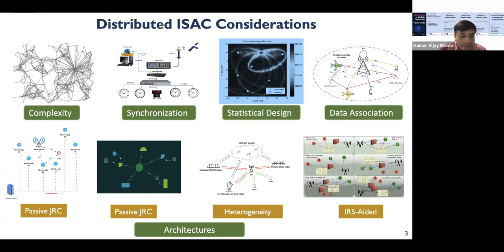This was supposed to be the fusion center here, so there's a typo. There may be distributed architectures where most of the processing takes place at a fusion center. For example, data association can only be carried out at the fusion center because all the receivers are observing the targets in a different sequence. So they have to send the data to a fusion center where this association will be carried out.